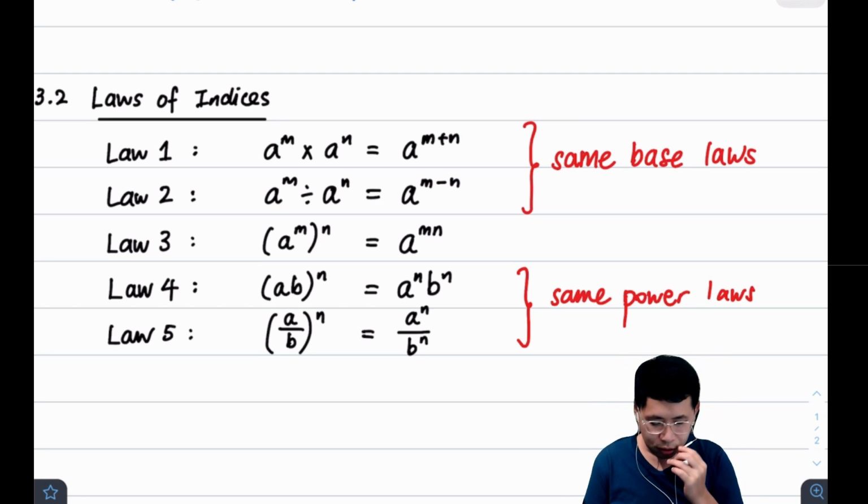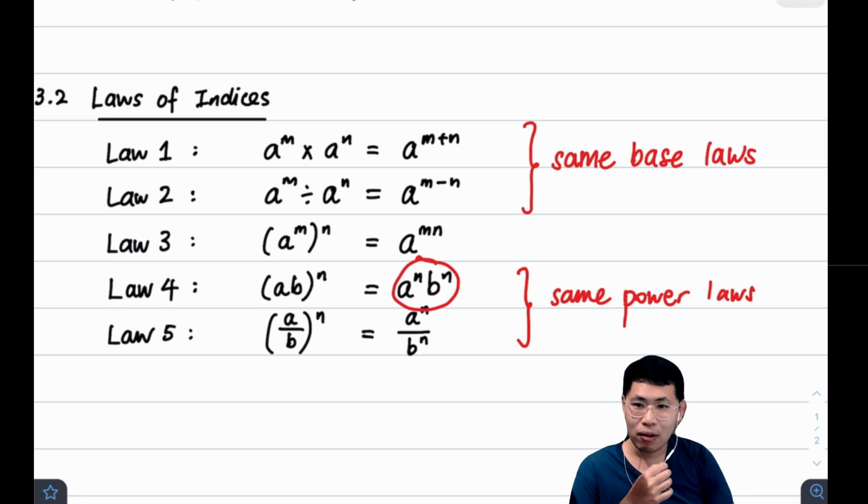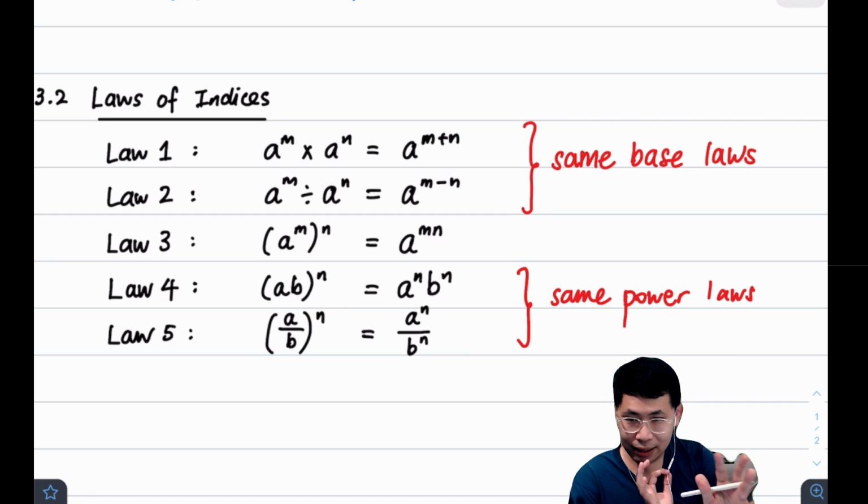What is going on over here is that when we have a times b as the base multiplied by n, we have a to the power of n times b to the power of n. And the same way when we have a divided by b as the base and n on the outside, we can split the power n into a power n and b power n.